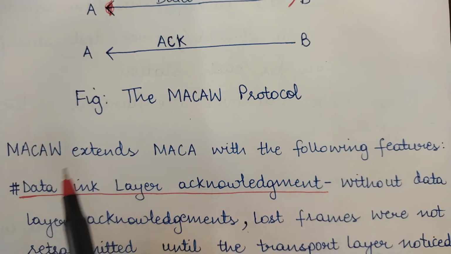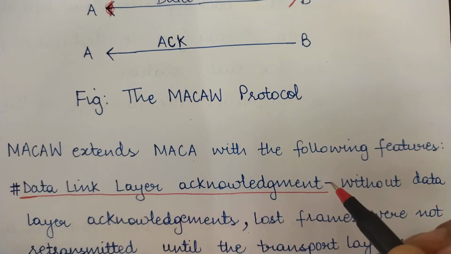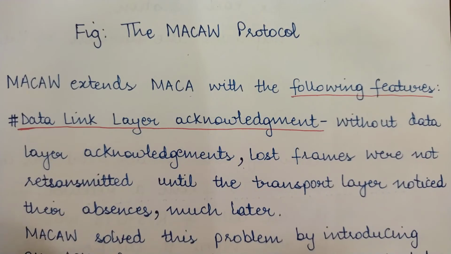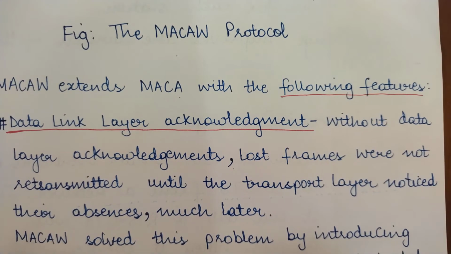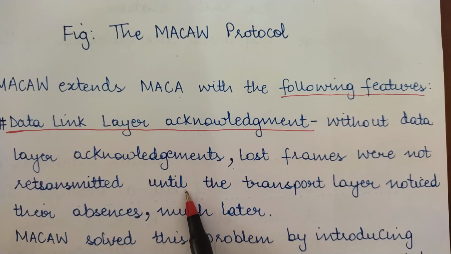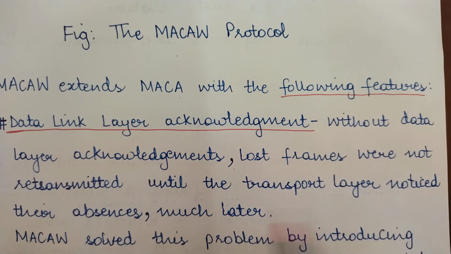So basically we can say that MACAW extends MACA with the following features. So what are these features? The first feature is data link layer acknowledgement. Without the data link layer acknowledgements, lost frames were not retransmitted until the transport layer noticed their absence, which was much later.